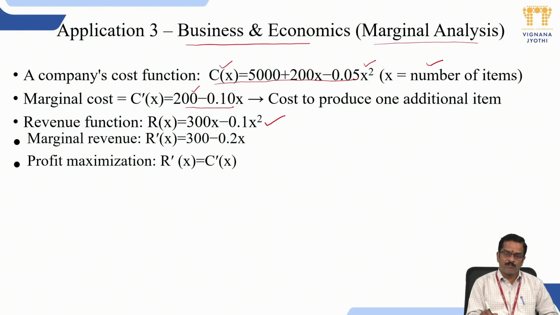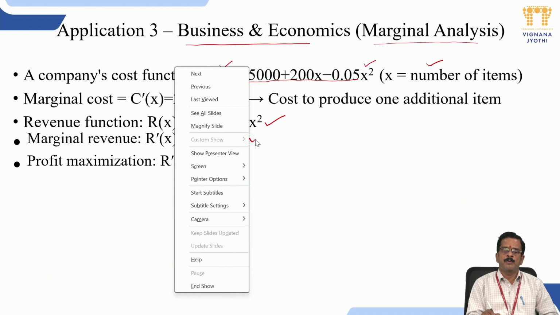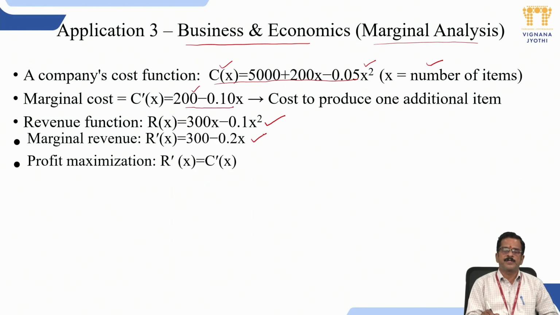From this we need to define marginal revenue, which is the rate of change of the revenue function. For profit maximization, when marginal revenue equals marginal cost, then we attain maximum profit. Here marginal revenue and marginal cost are evaluated using the derivative concept.